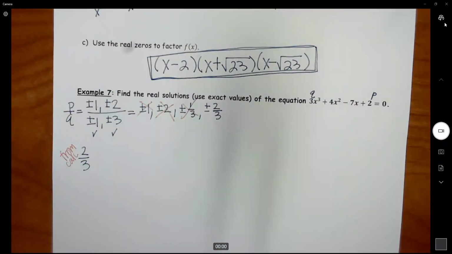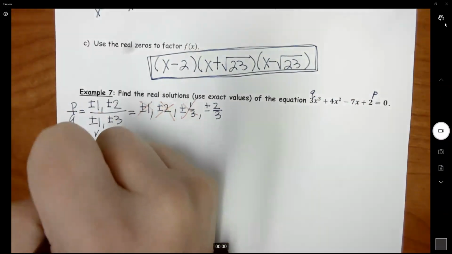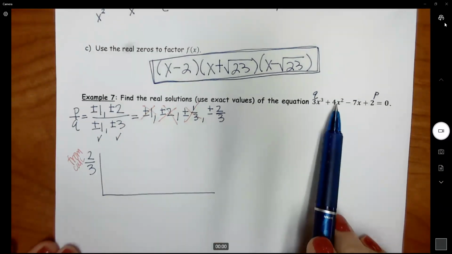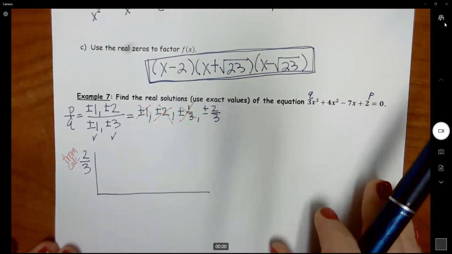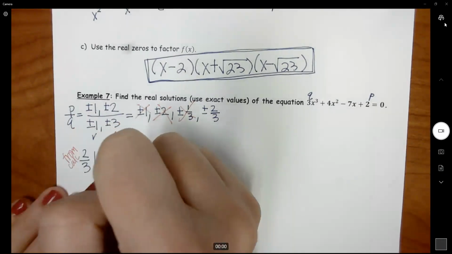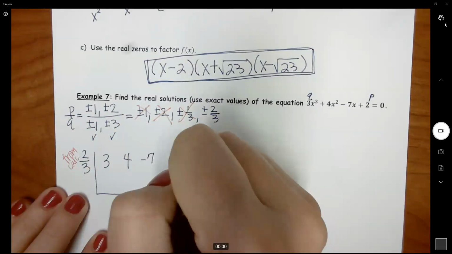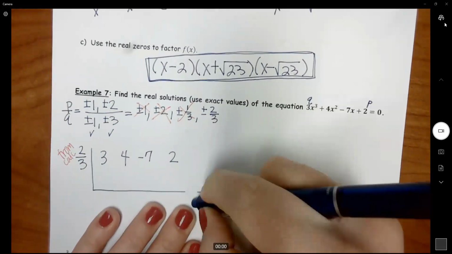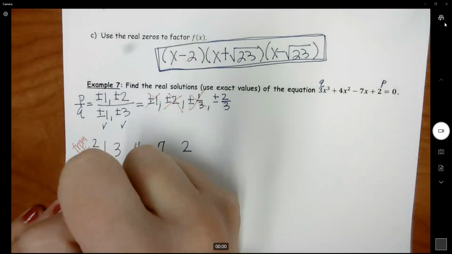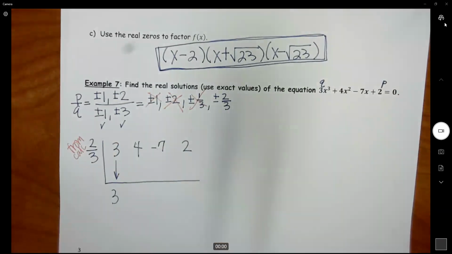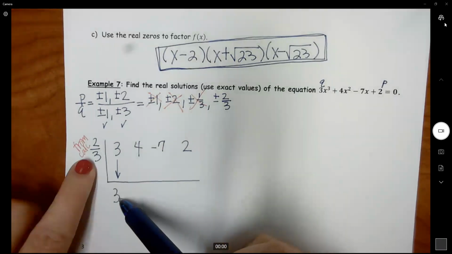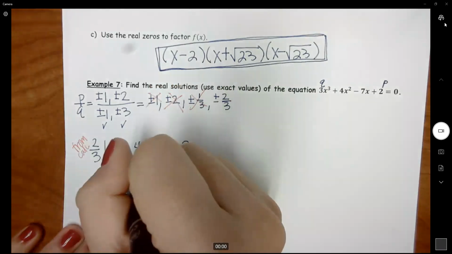And we got this from our calculator. Let's use synthetic division to divide this out now. I've got x cubed, x squared, x and constant, so I don't need any 0 placeholders. So we'll put our coefficients of 3, 4, -7, and 2. Bring down your first one and multiply, add, repeat. 2/3 times 3, these 3's eliminate, and you're left with 2.